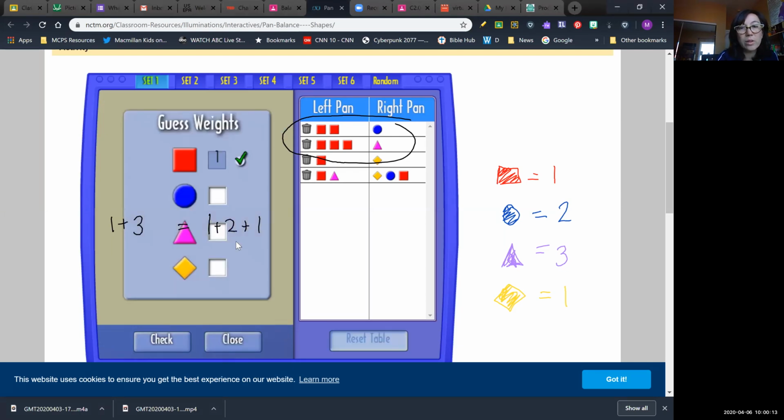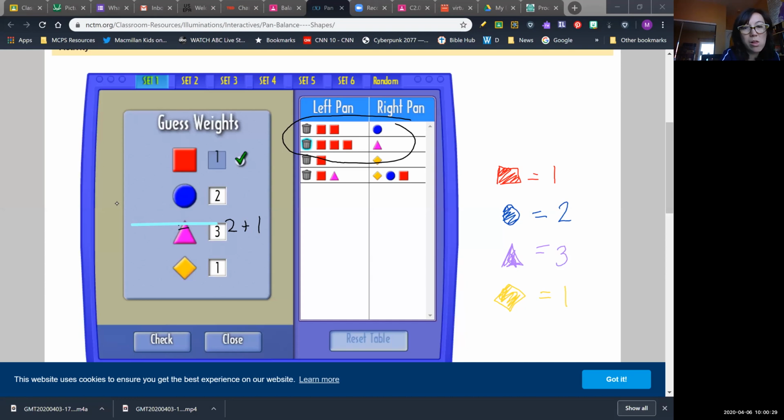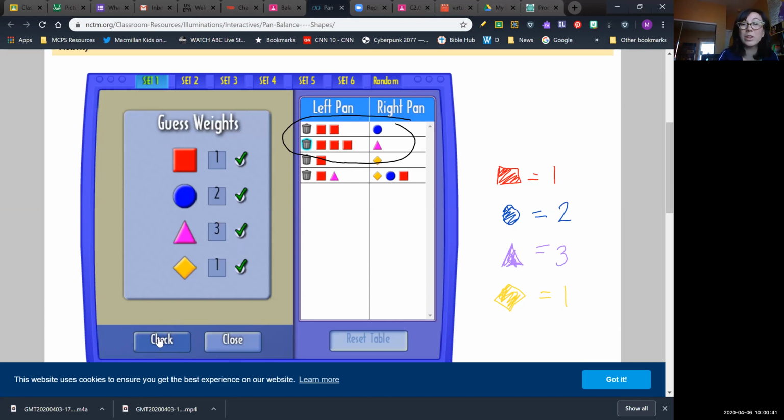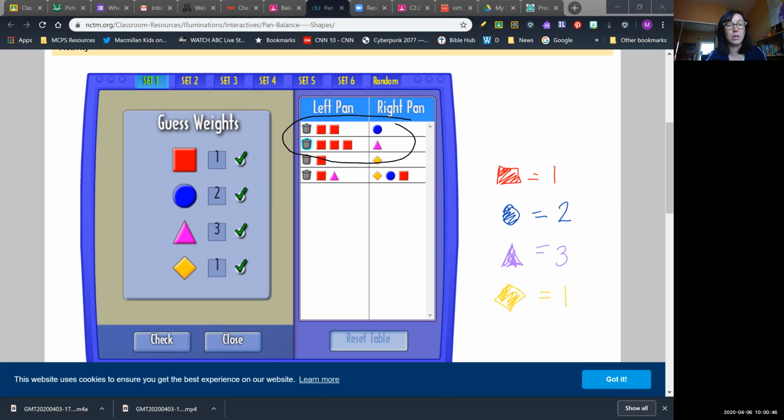Okay, so yes, a square is worth 1. The circle is 2. The triangle is 3. The diamond is 1. Let me at least erase this so we can see it. And then we will go ahead and check. And it says that all of them are right. If one of them was wrong, it would tell us, and we can go back and change it. Then you would need to take a picture or a snapshot.